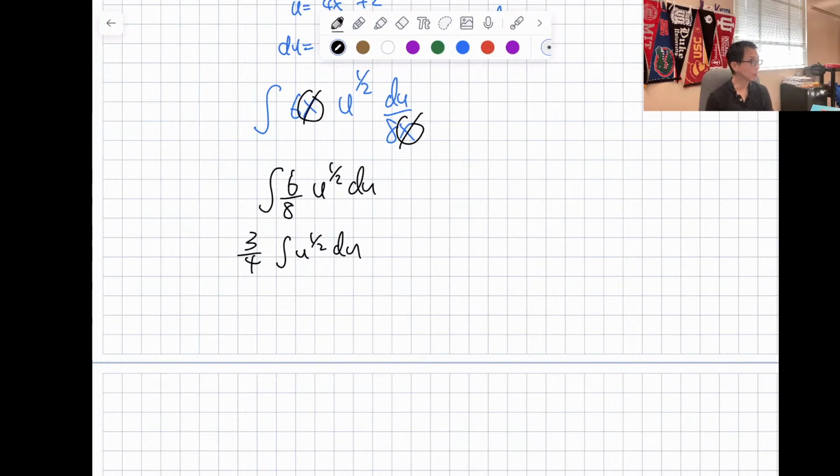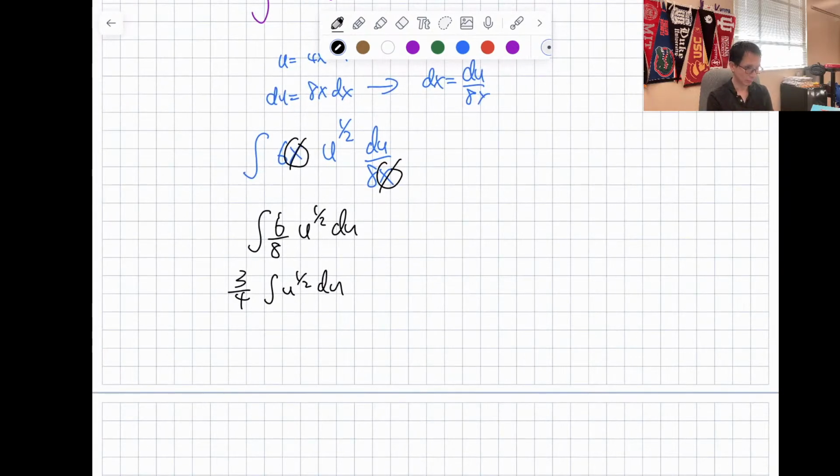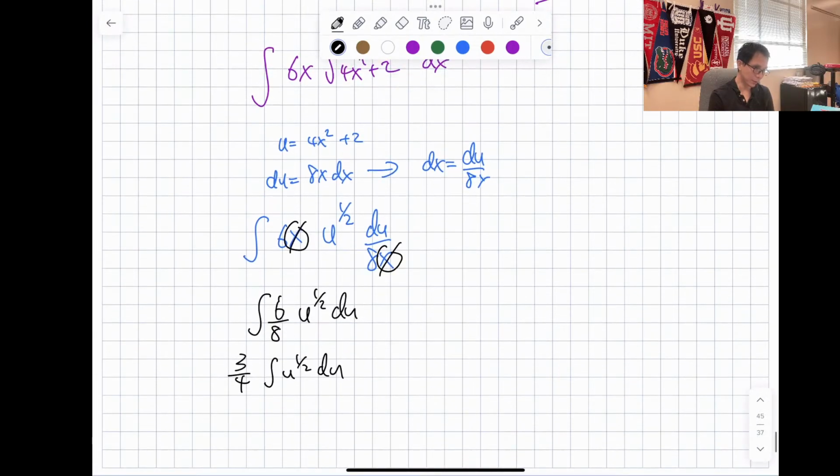Can you explain, once you assign the u and the du, how do you get the 6x? 6x is within the question. That's a part of the question. Oh, okay. I just write down the 6x because I only substituted the other one. Root u means square root of u, which is the 1/2 power.